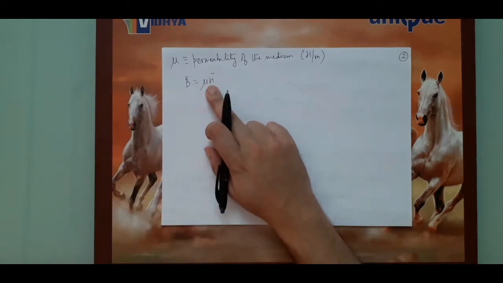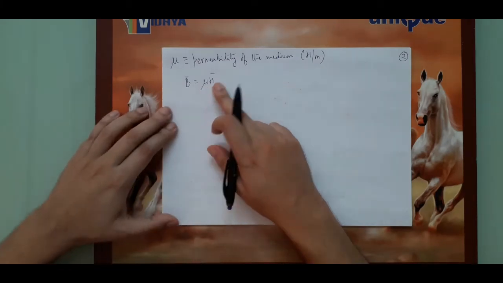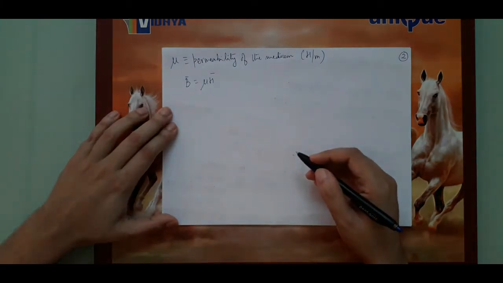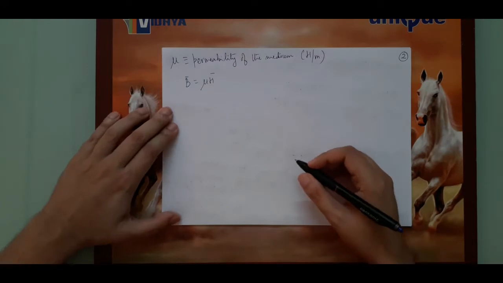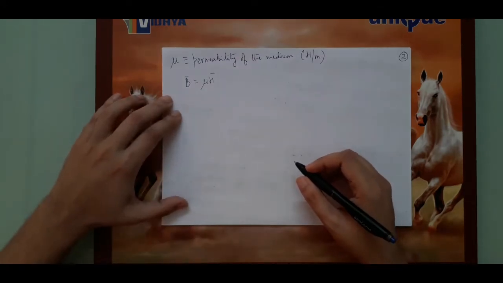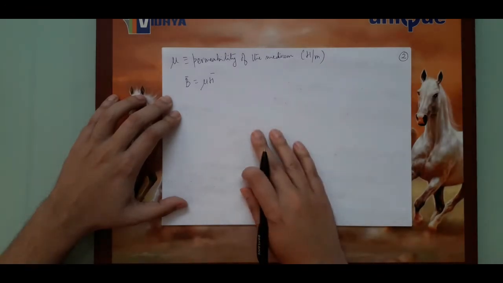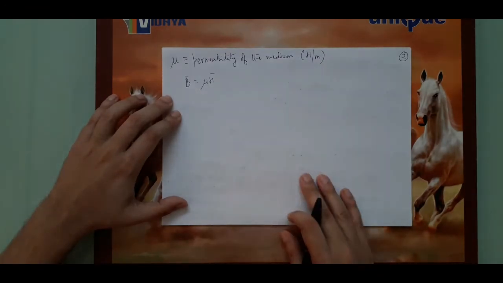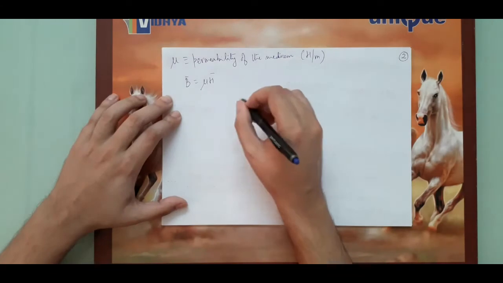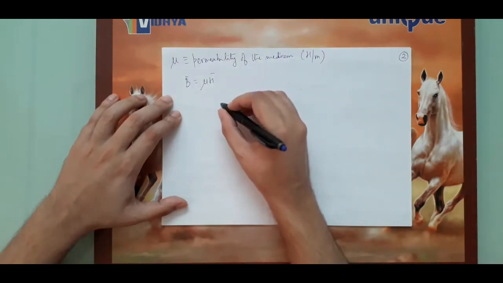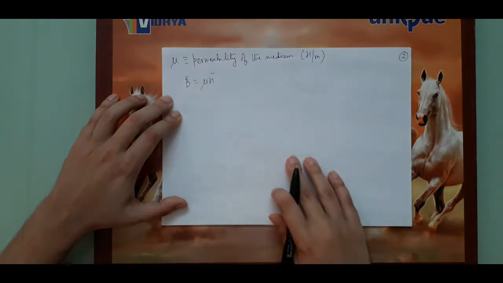So in our discussion in the previous class and this class, we established four broad quantities. For electric and magnetic fields, we established four basic quantities.